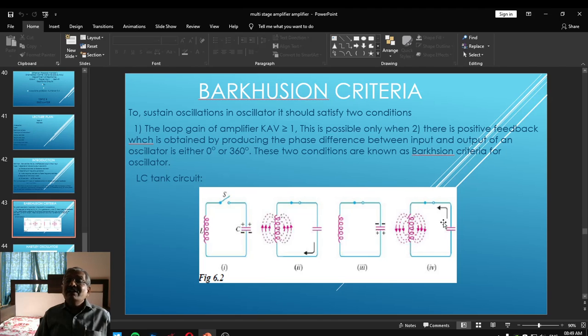By converting electrostatic energy into electromagnetic energy, magnetic flux will again start building across the inductance coil, but the direction of building of the magnetic field will be opposite to that in the previous case. This process will continue till the steady state of magnetization is reached across the inductance coil.